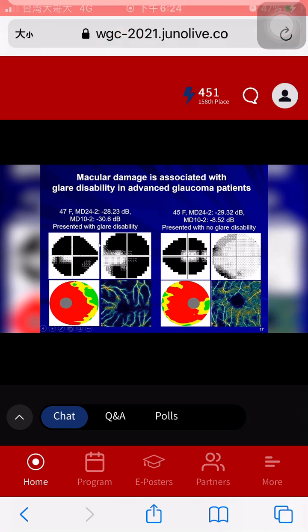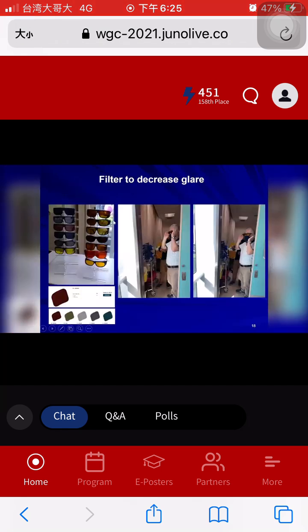The patient presenting with glare shows severe macular damage with a defect on the 10-degree field and loss of superficial macular vessel density. The patient denying glare shows a preserved 10-degree field and superficial macular vessel density. We can provide different spectrums of filtered glasses to decrease glare. The patient can select preferred filtered glasses to reduce the glare issue.